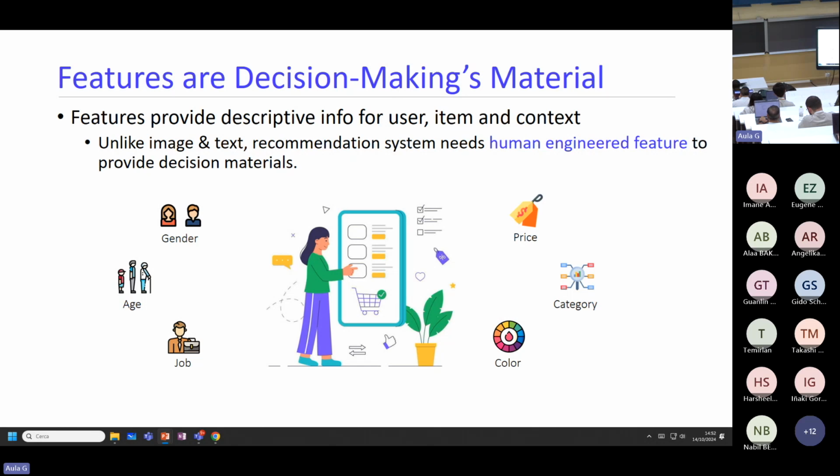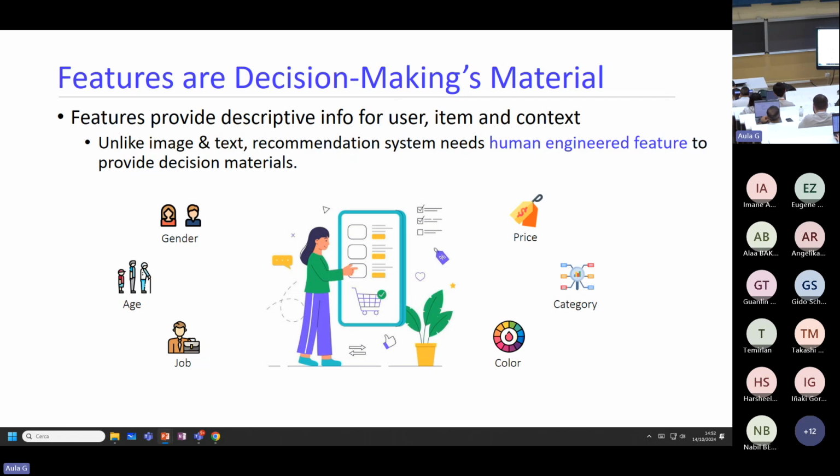These engineered features help the system to understand complex relationships and preferences, ultimately leading to more accurate and relevant recommendations.